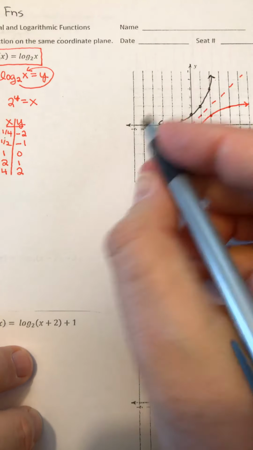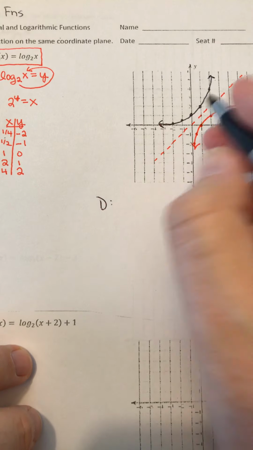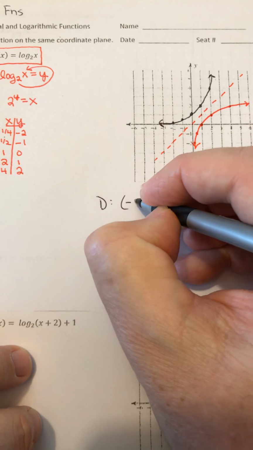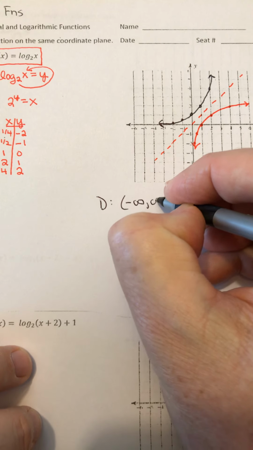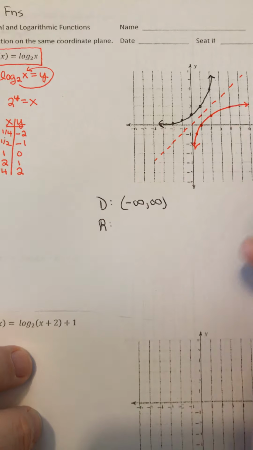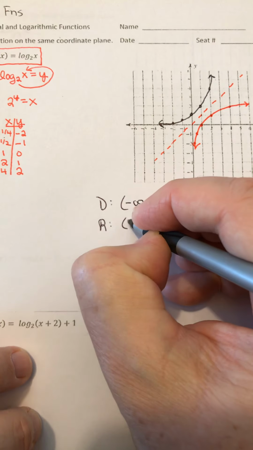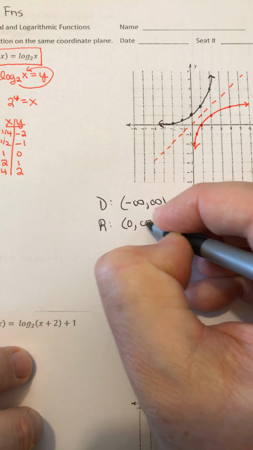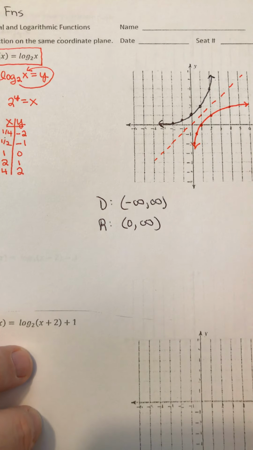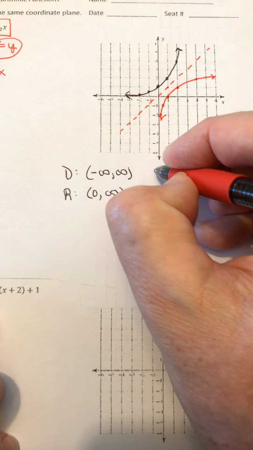So what is the domain of the original function? This exponential growth, the domain was from -infinity to infinity. And the range from bottom to top is 0 to infinity. Something interesting happens on the domain and range of the log.